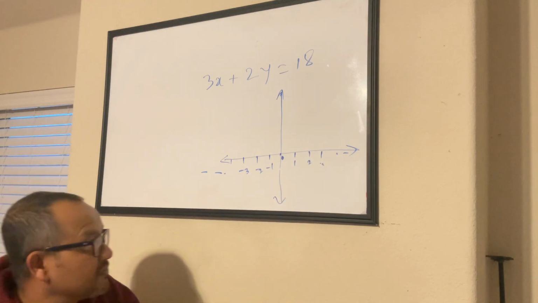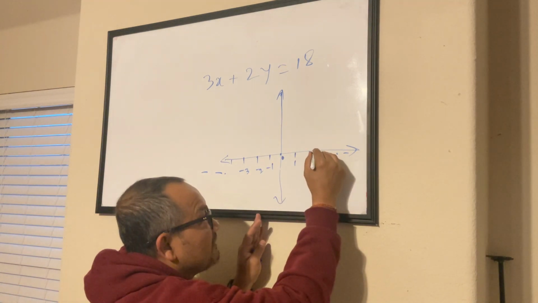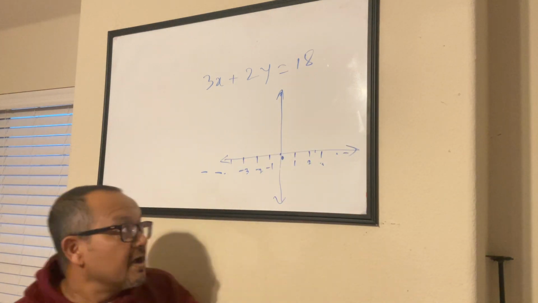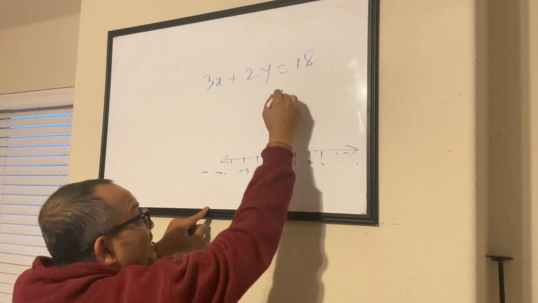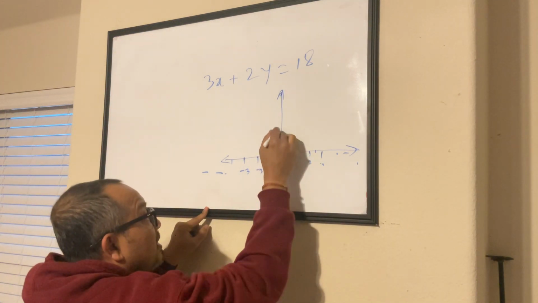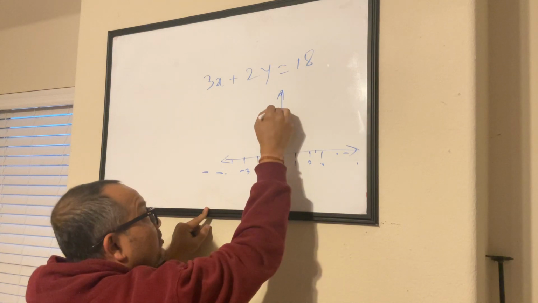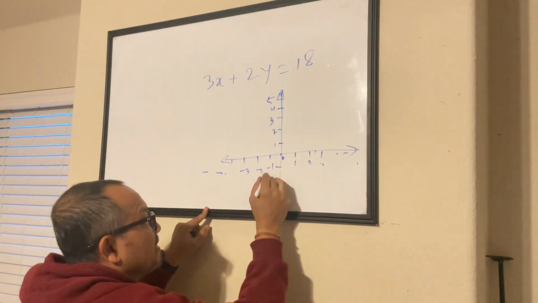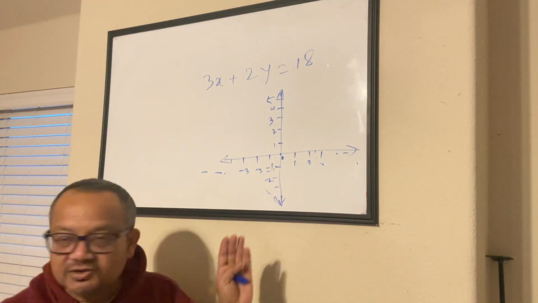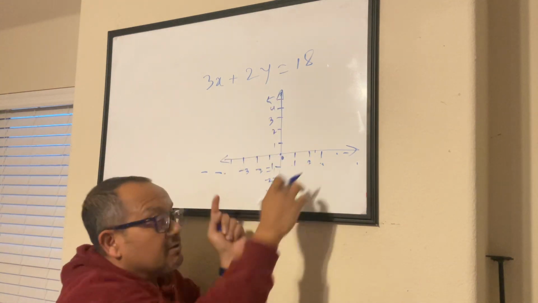If you have to say 2.5, you know it will be somewhere between 2 and 3. So this is one number line, and this is another number line which is perpendicular to it, with 1, 2, 3, 4, 5, 6 and minus 1, minus 2, minus 3, minus 4. These are 2 number lines perpendicular to each other.